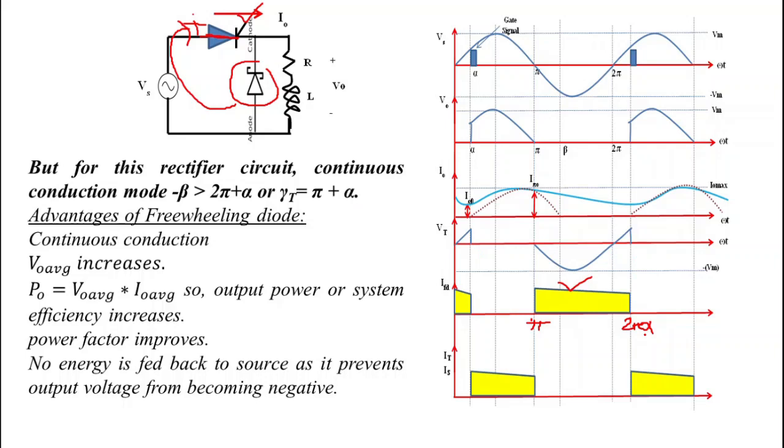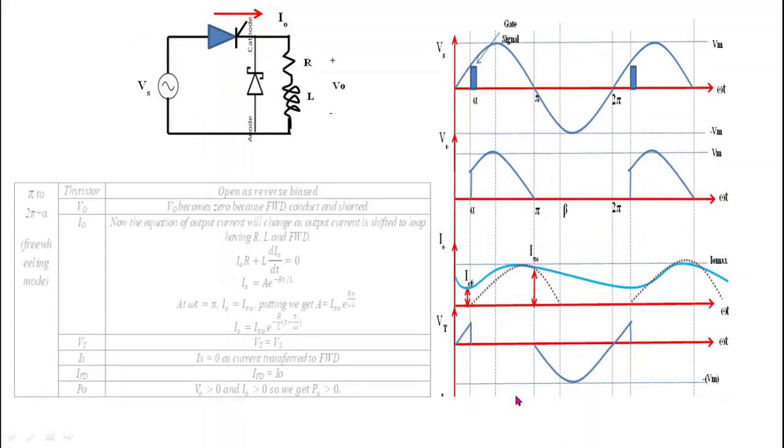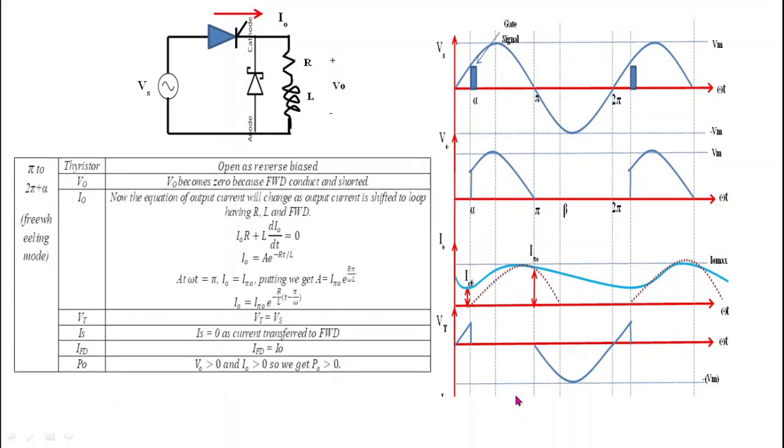So after 2 pi plus alpha, we get output current I0 across SCR, and it is equal to source current Is. So this is the waveform of source current Is, or we can say that it is the waveform of thyristor current.